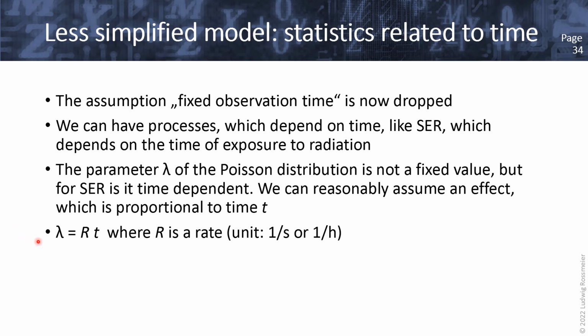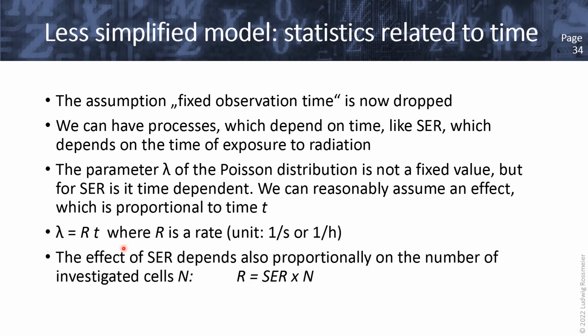In general, lambda is then defined by a rate times the radiation time, and the rate r has a unit of 1 per second or 1 per hour. The effect of the soft error rate depends also proportionally on the number of investigated cells.